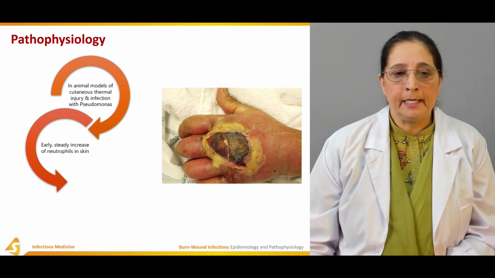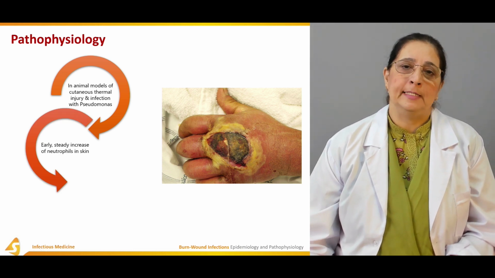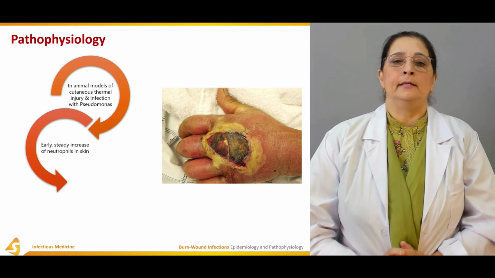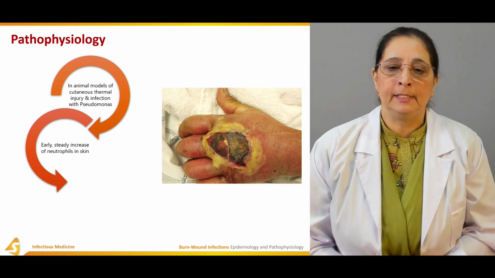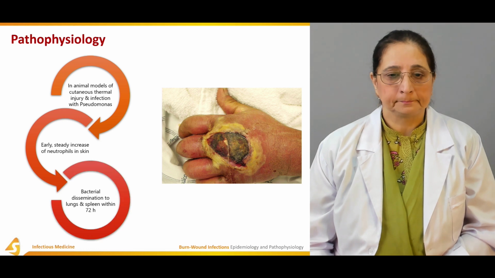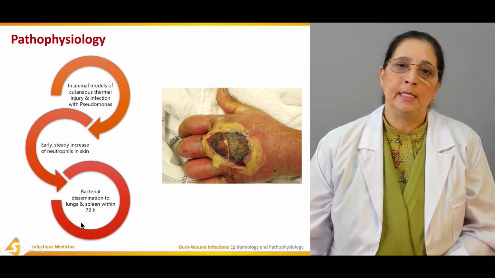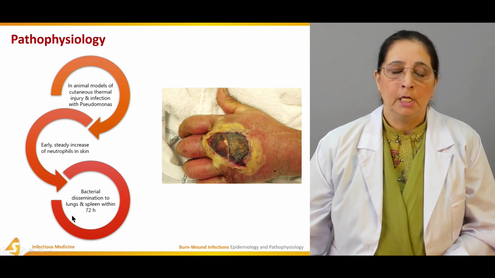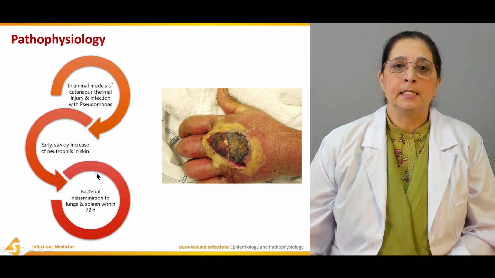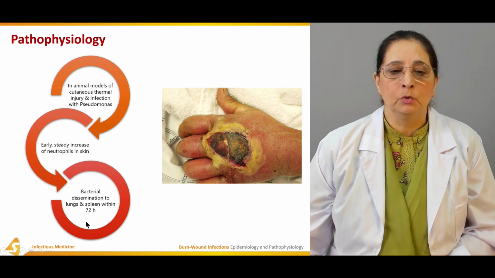Early steady increase of neutrophils in the skin. As a result, there is an increase in the neutrophils in the skin. Bacterial dissemination to lungs and spleen occurs within 72 hours. So it can affect the lungs and the spleen within 72 hours.